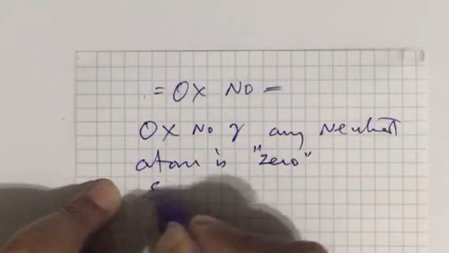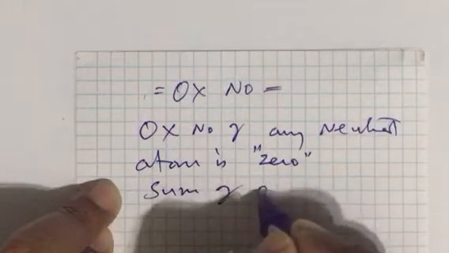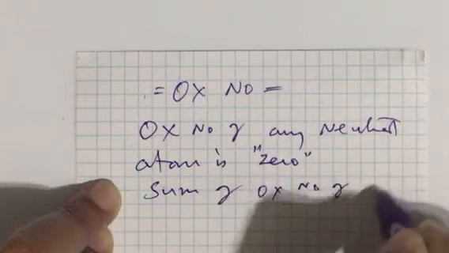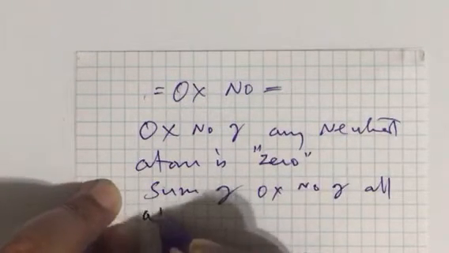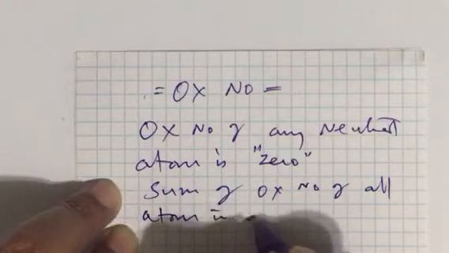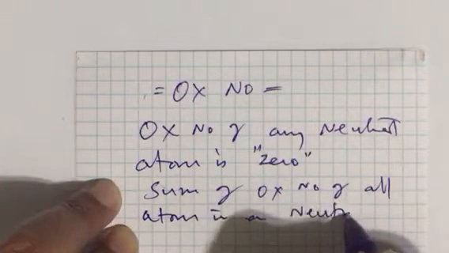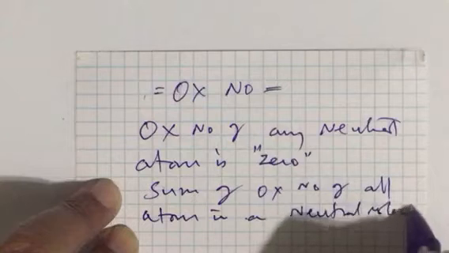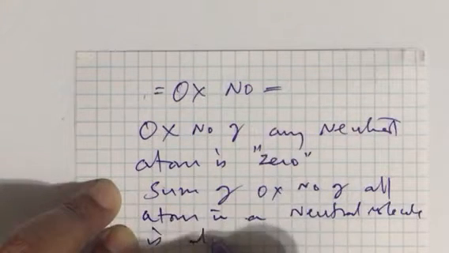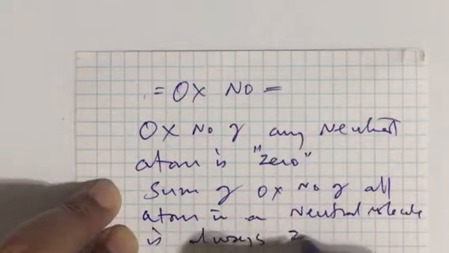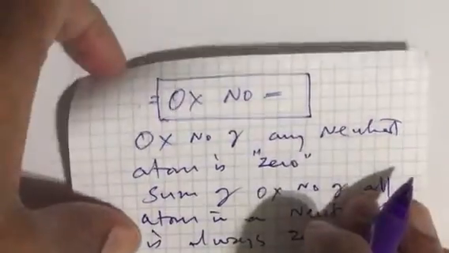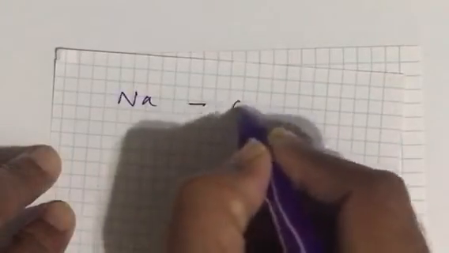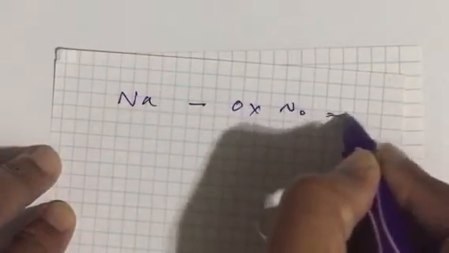And of course, the sum of oxidation numbers of all atoms in a neutral molecule is always 0. Now, therefore, if I take, say, sodium atom, its oxidation number is 0.